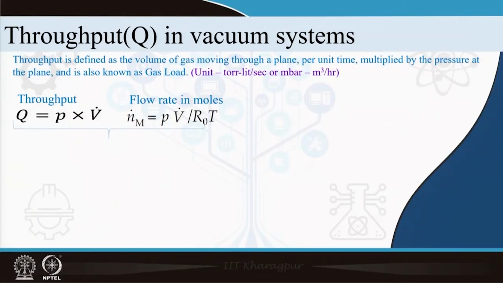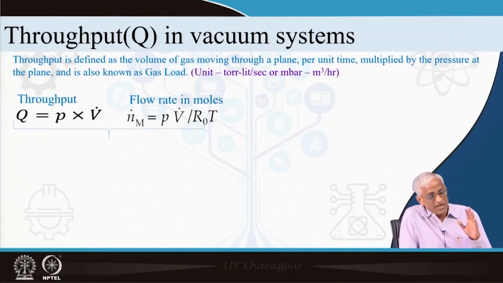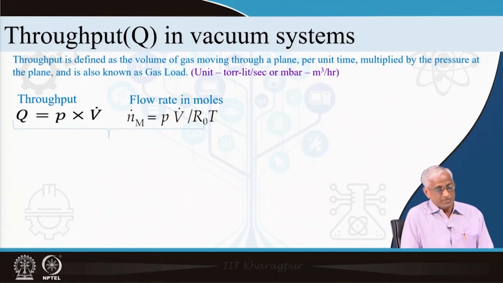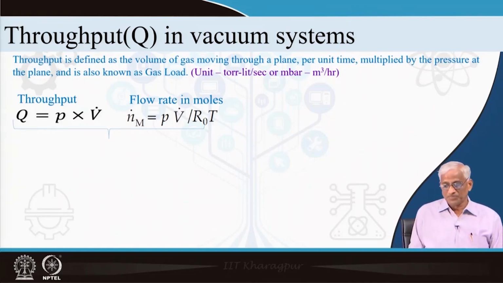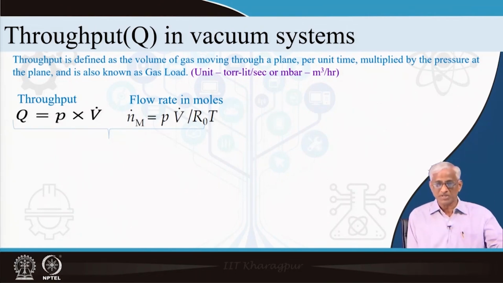So, throughput is ideally defined as a product of prevailing pressure and the volumetric displacement. Throughput is volume of gas moving through a particular plane that we are observing, from left to right it is flowing, that is from chamber to the pump side. Per unit time, it is nothing but dV by dt when you look at a particular place, whether it is physically coming from the chamber which is being evacuated and it is going to the pump.